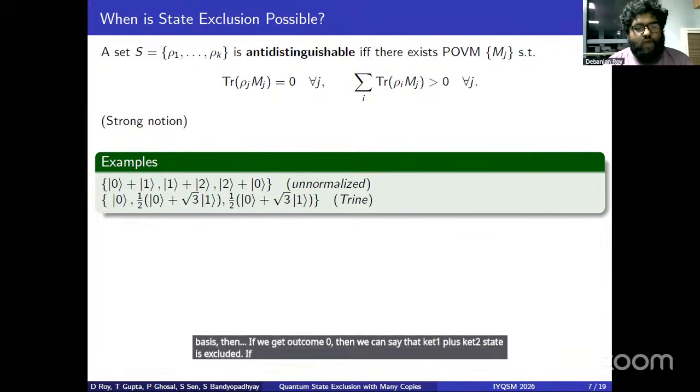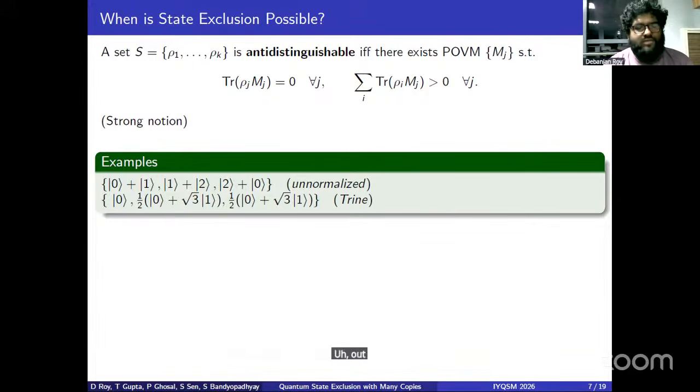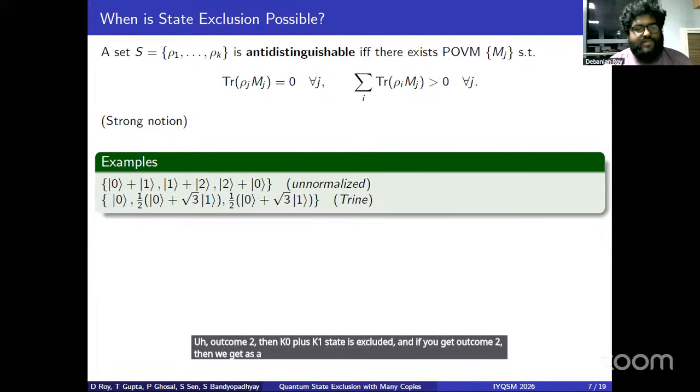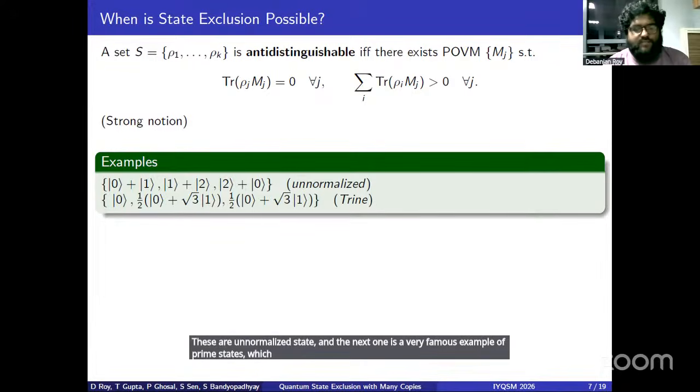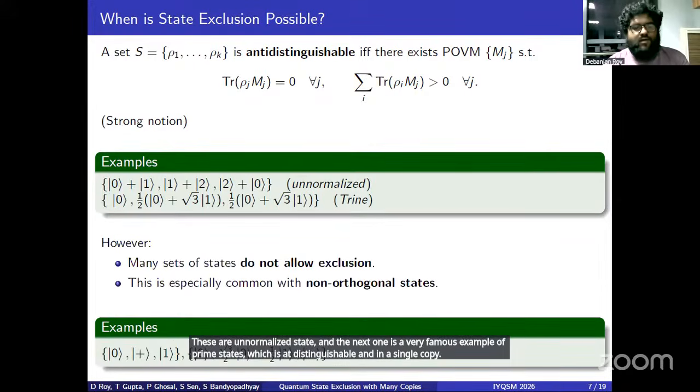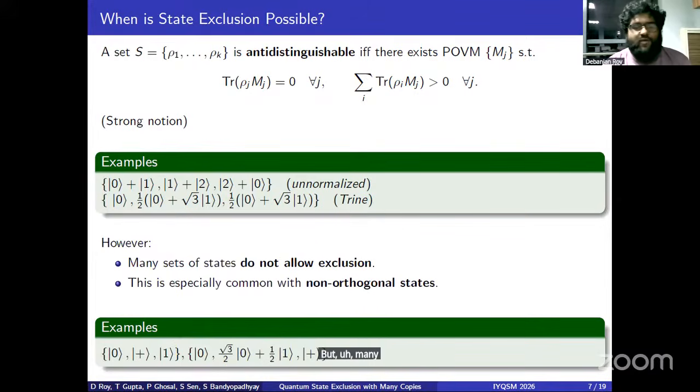If we get outcome 1, we can say the |2>+|0> state is excluded. And if we get outcome 2, then we can say the |0>+|1> state is excluded. These are unnormalized states. The next one is the very famous example of trine states, which are anti-distinguishable in a single copy. But many sets of states do not allow exclusion. Exclusion is not achieved in all sets of states.